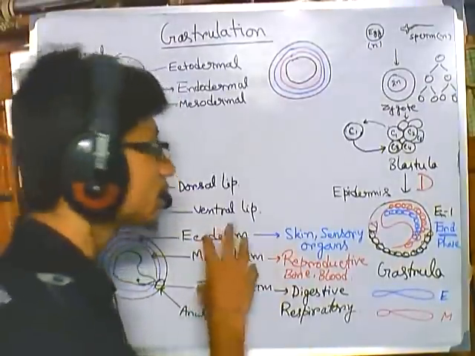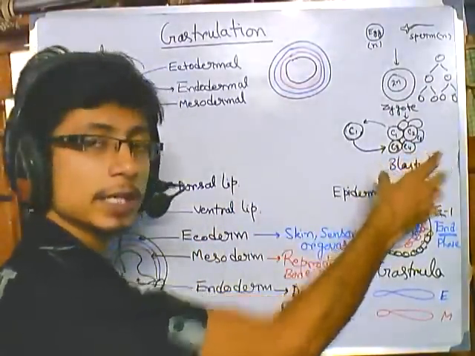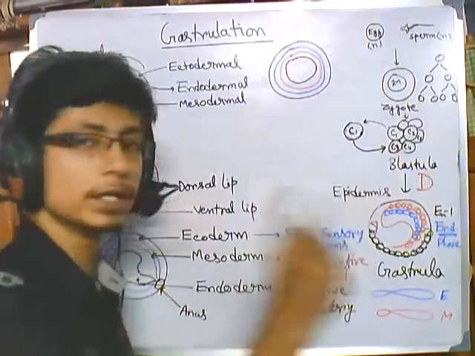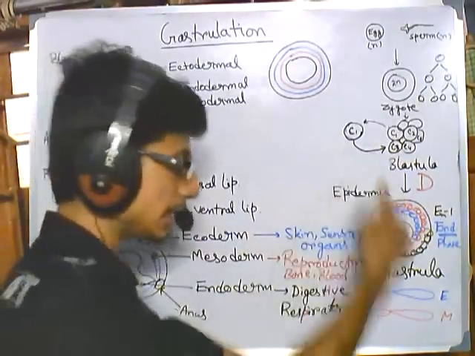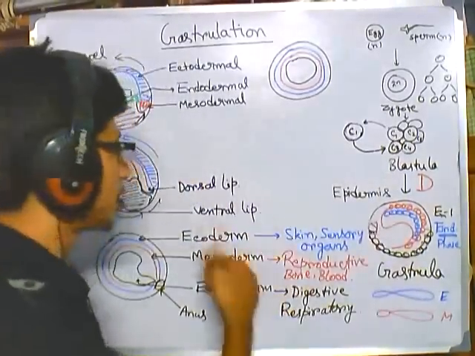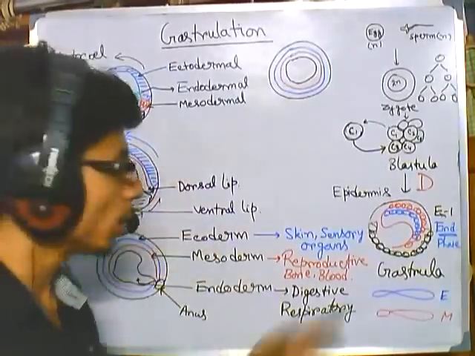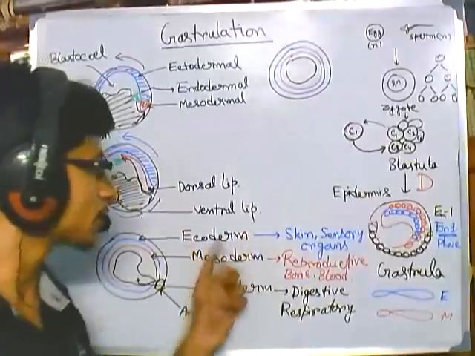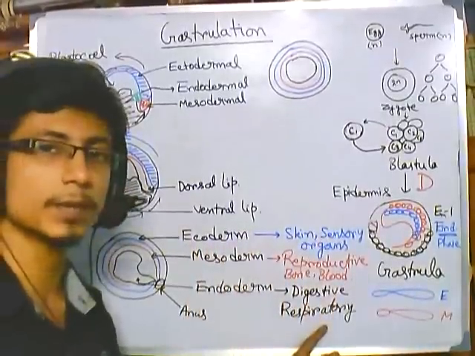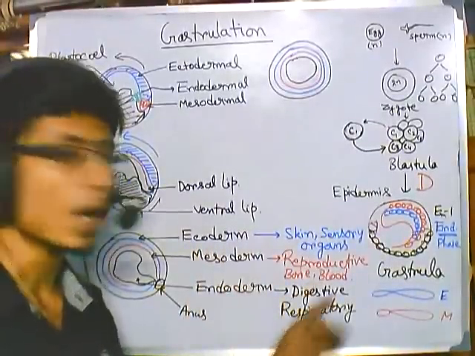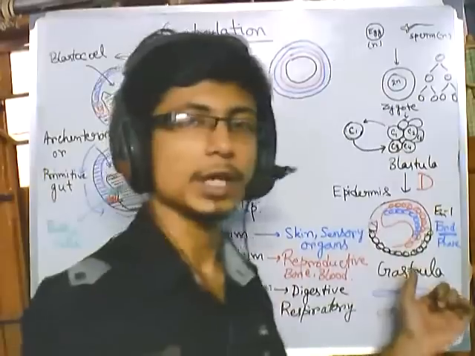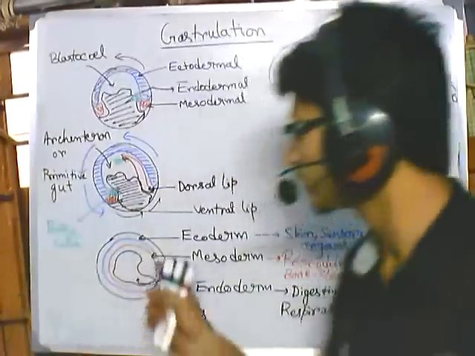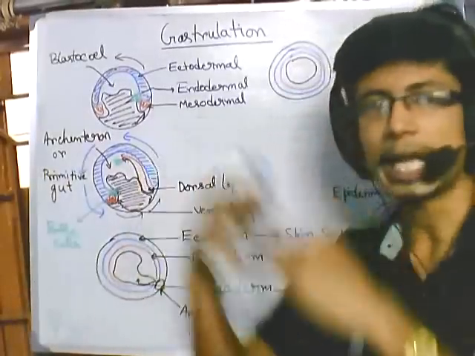Now this differentiation is made in the late blastula phase, but the commitment of the cells is seen in the late gastrula phase, after the arrangement. So we can find the commitment of these types of cells to produce specific organ systems only after the late gastrula phase, when the arrangement of the cells happens in these three layers.